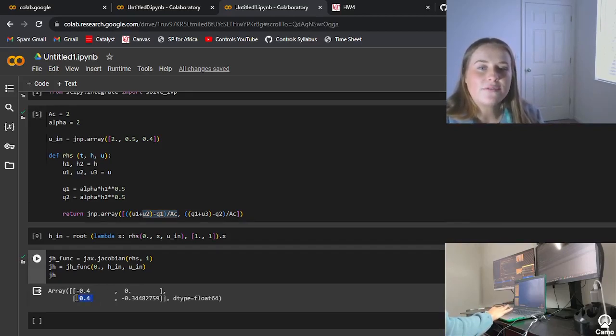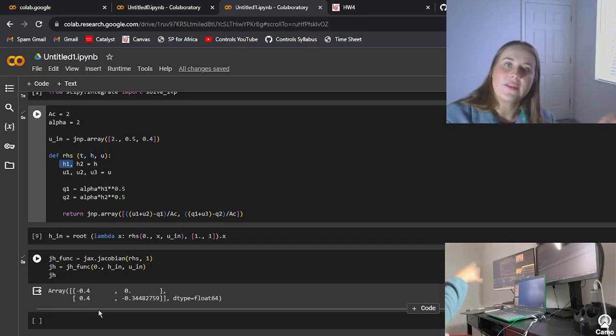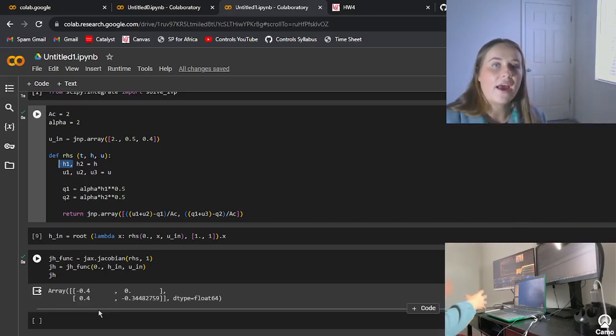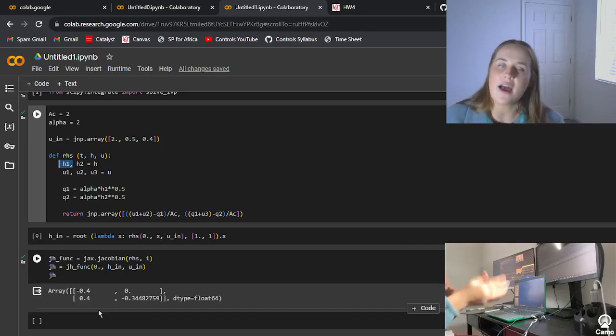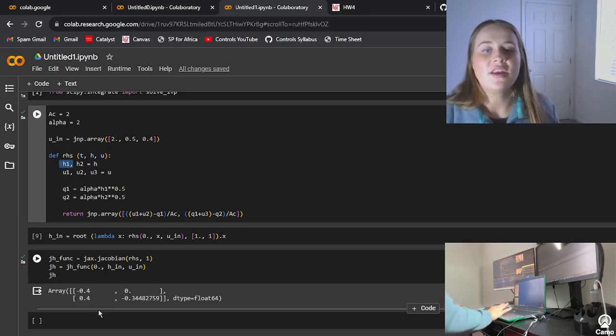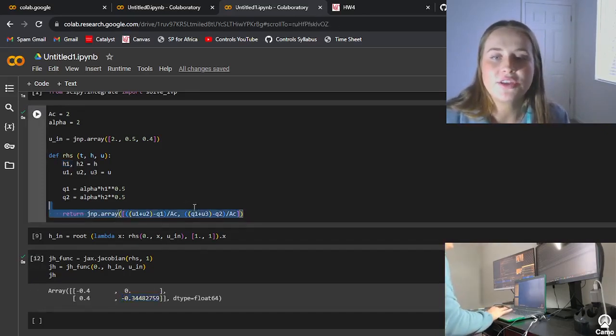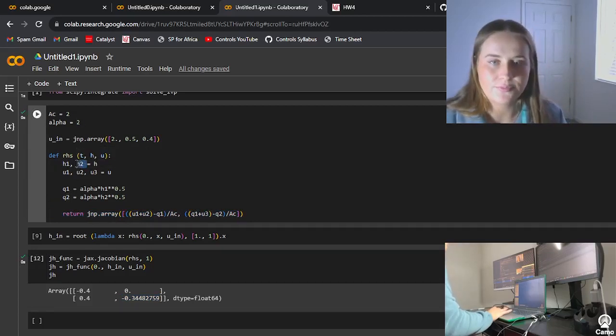Then this 0.4 is the second equation with respect to H1, and this is not 0 because the liquid inside tank 1 goes into tank 2, and that determines the flow and the height of tank 2. So that's why that is not 0. And then this number right here is the second equation with respect to H2.